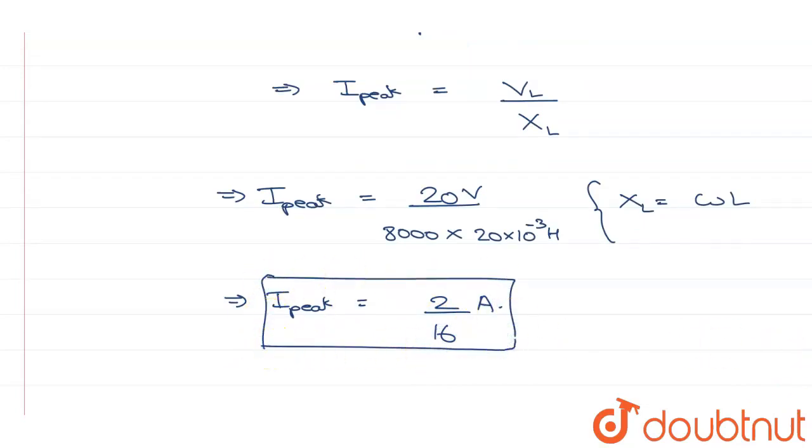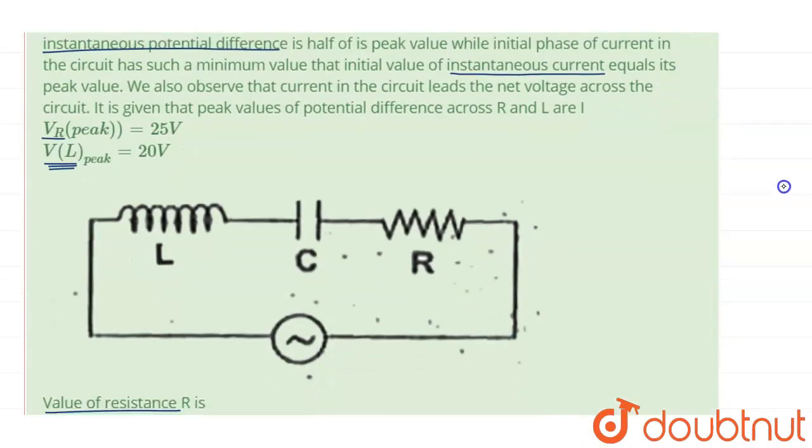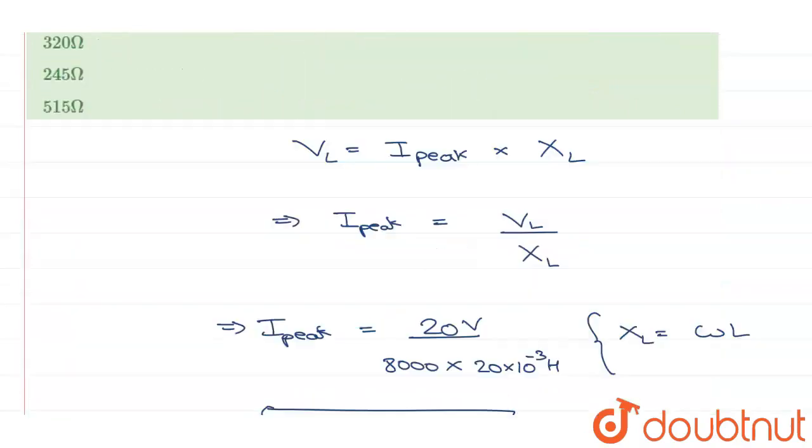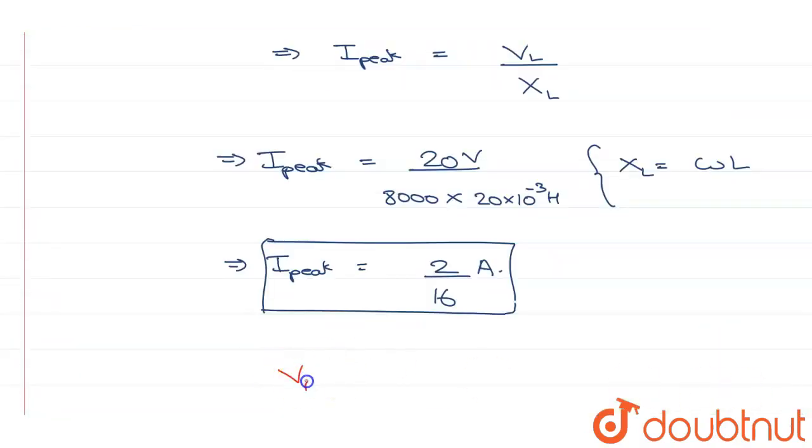Now, since this is a series circuit, this peak current will also be the peak current for this capacitor, and it will also be the peak current for this resistor. So that means the peak potential difference for the resistor will be equal to I peak multiplied by the resistance.